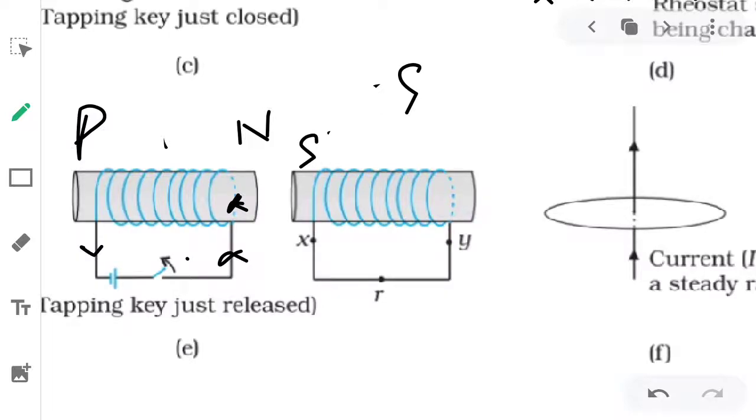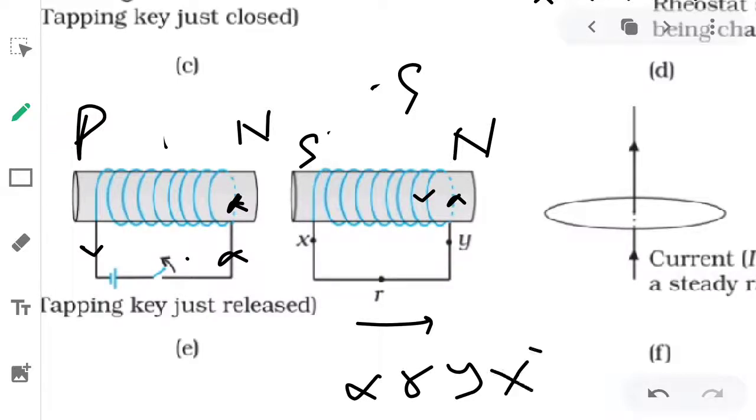South means clockwise will be north pole. Because from this you can see the face easily, here you can't understand it, so I am taking the other side. North pole here means anti-clockwise direction. The arrow you can understand easily. Current is here. So the answer is X, R, Y, X.